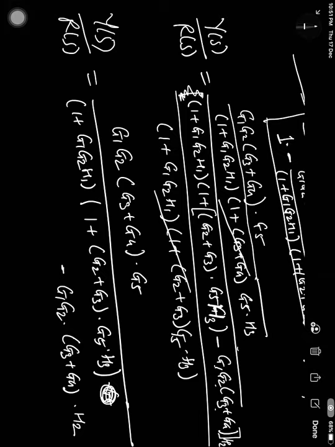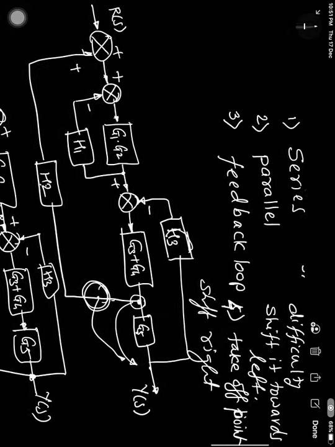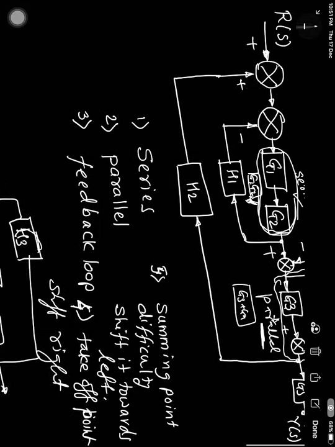So this is not so difficult. We are supposed to follow the steps. What steps we had discussed right now? First, check whether the blocks in the block diagram are connected in series, then simplify it. Then check whether the blocks are in parallel, simplify it.